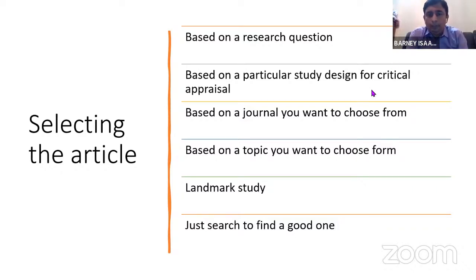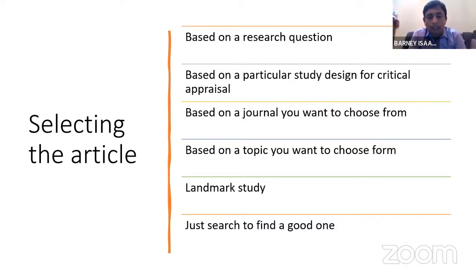So it can be based on a journal that you want to choose from. If there's a particular pediatric international journal where quality articles are being published, you may choose your article from there. It can be based on a topic you want to choose from. It may be, say, vaccinology, so you choose the vaccine journal for that particular journal club.